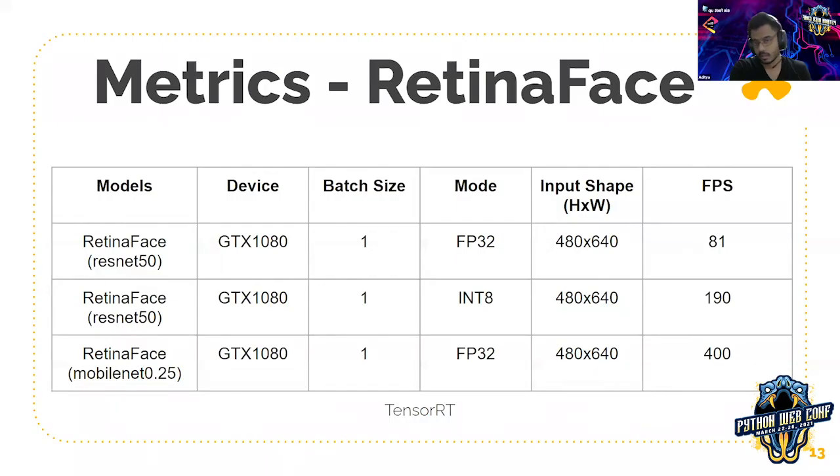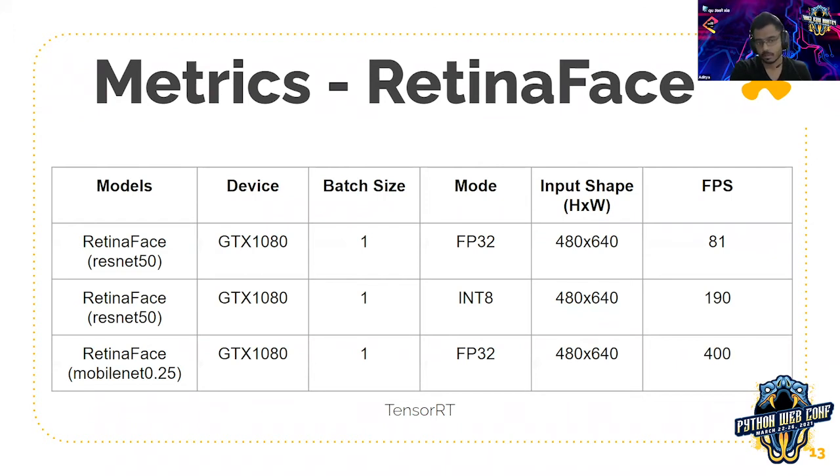So if you look, I have two metrics displayed here. This one is for RetinaFace, which is one of the state of the art algorithms for face detection. And I did my tests on a GTX 1080 using a batch size of one. If you increase the batch size, your performance is definitely going to improve.